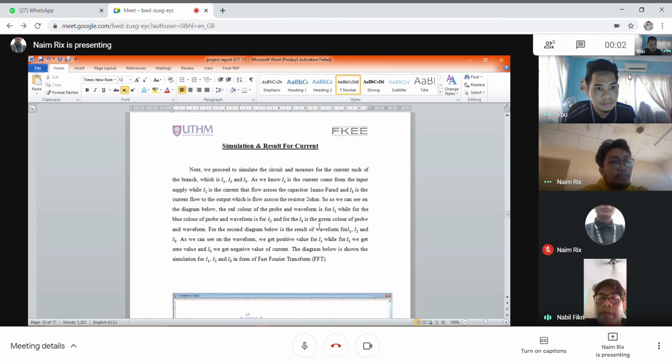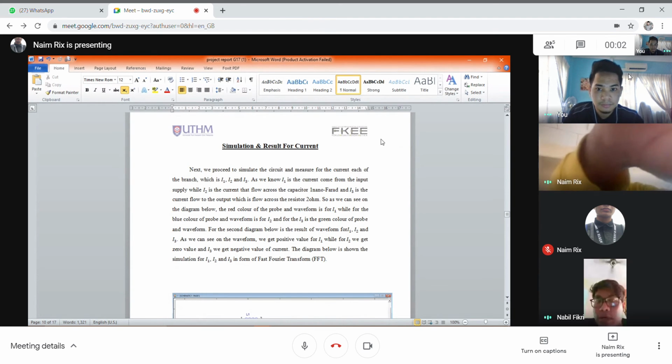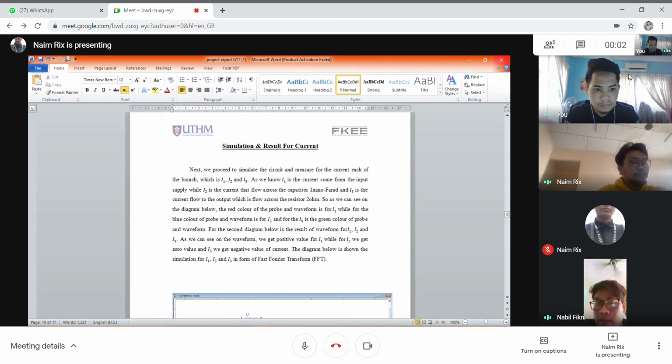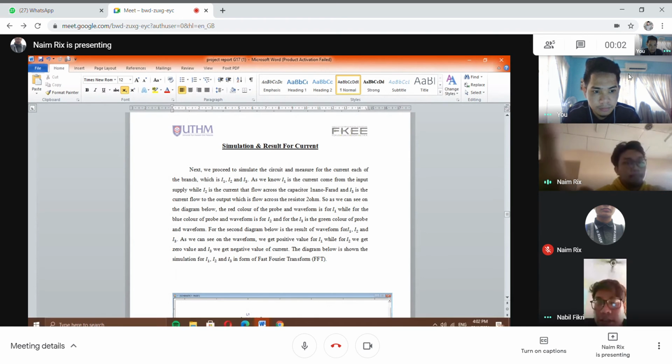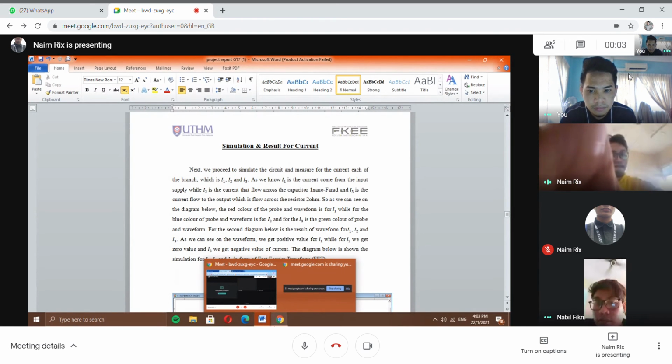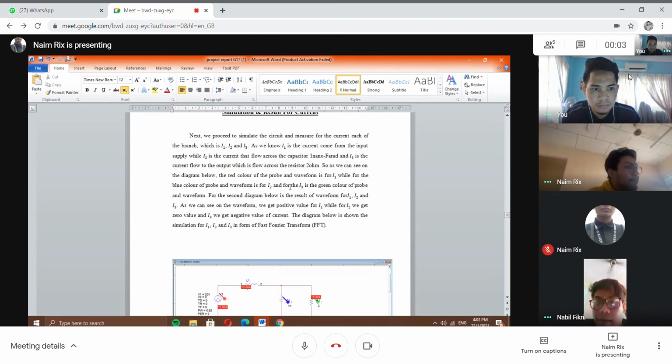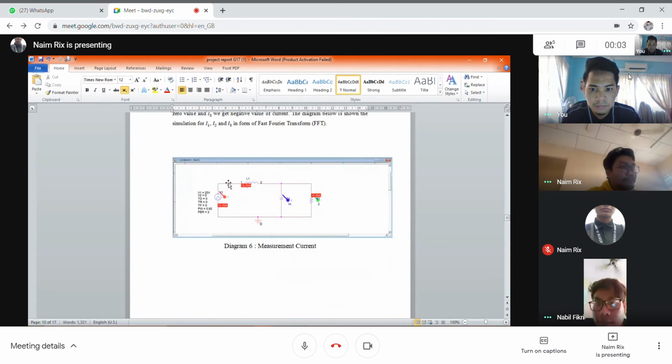Hello, Assalamualaikum. My name is Nabil Fikri. Matric number 60203. So, the simulation result for current. This is the circuit that we made, and we put the value for inductor, capacitor, and resistor.